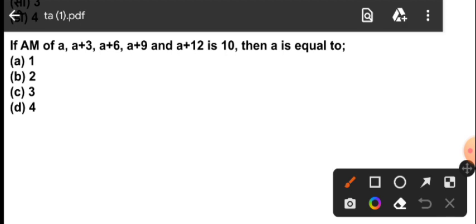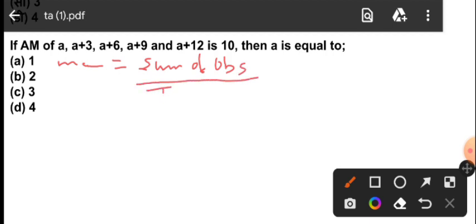So we know that mean is equal to sum of observations by total number of observations.